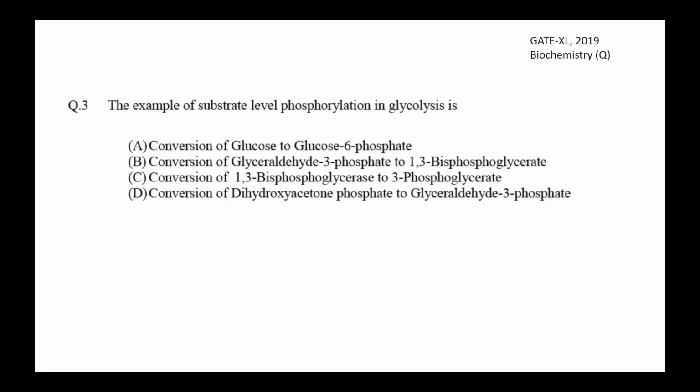The first option is conversion of glucose to glucose 6-phosphate. Is it substrate level phosphorylation? This one is not. The second one is conversion of glyceraldehyde 3-phosphate to 1,3-bisphosphoglycerate. Is it?